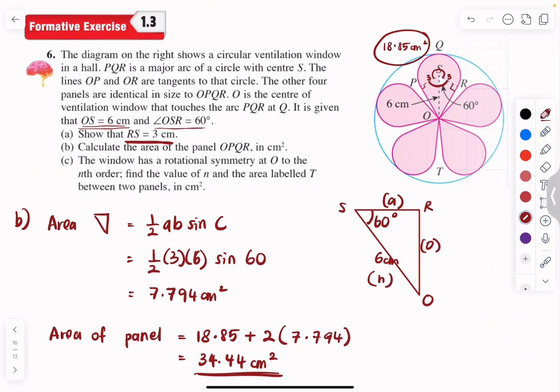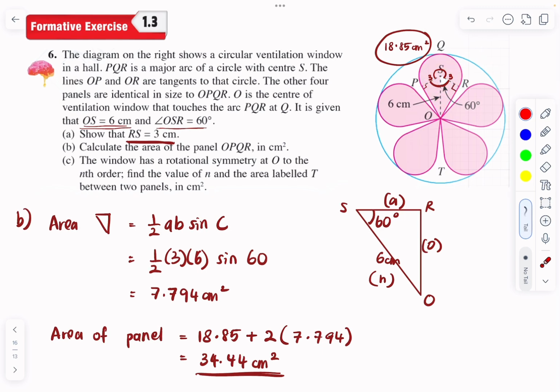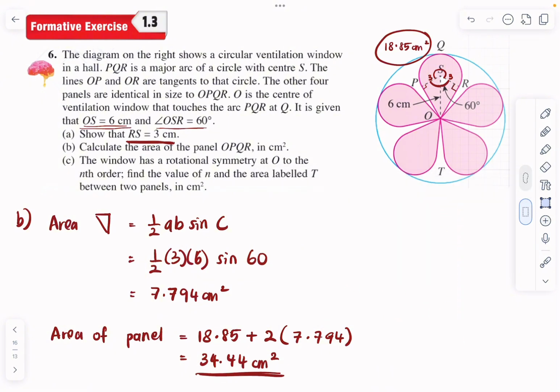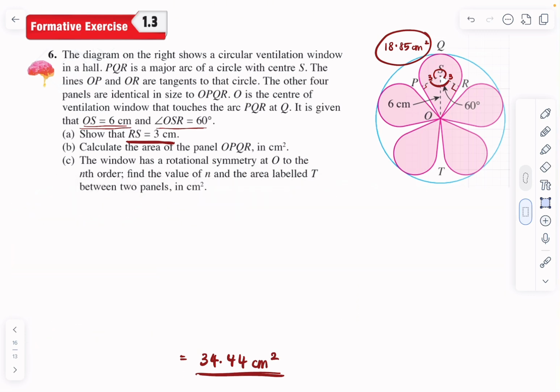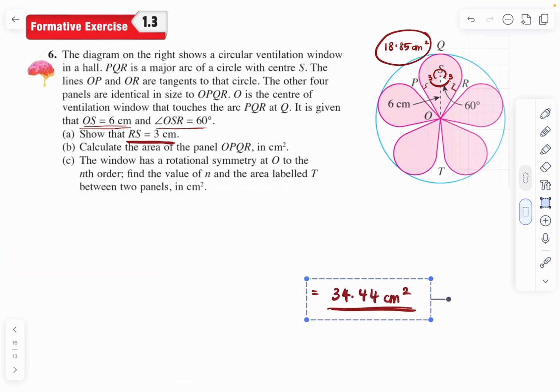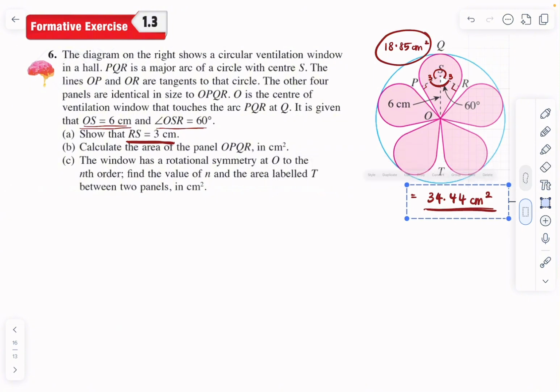This will be the whole area of the panel, the whole thing. Okay, one sector plus 2 triangles. Done. Okay, erase this. So this is the area of one single panel. We might need this later, we just keep it here.